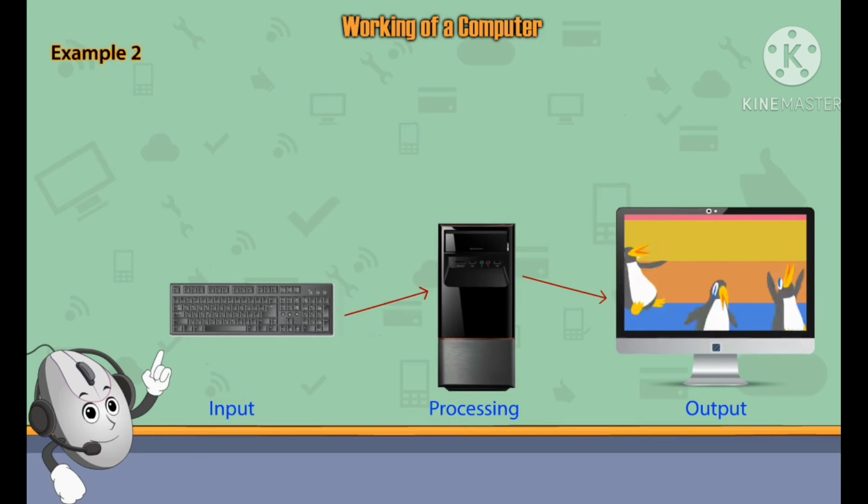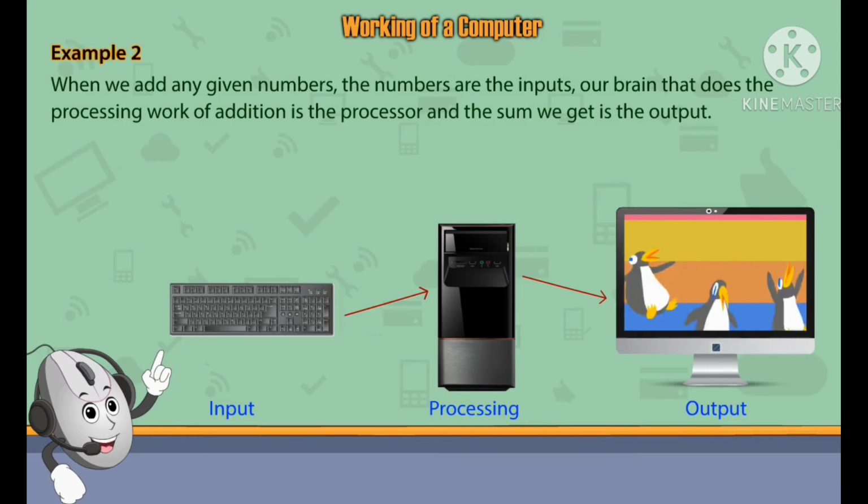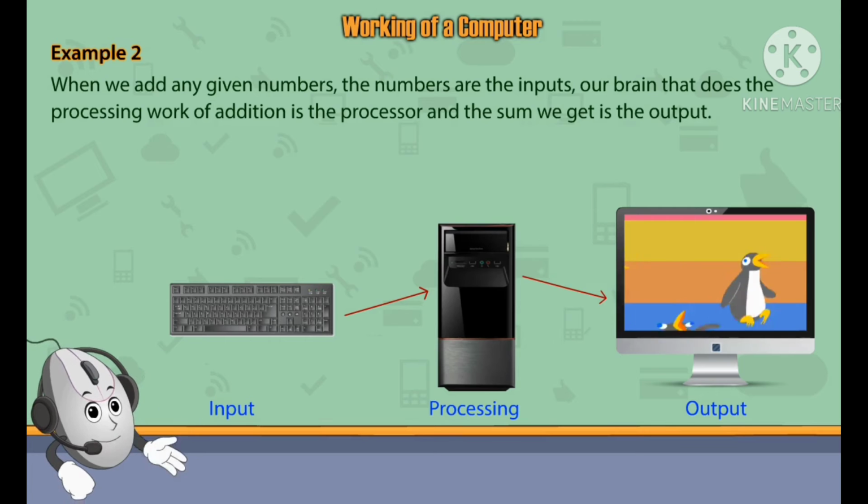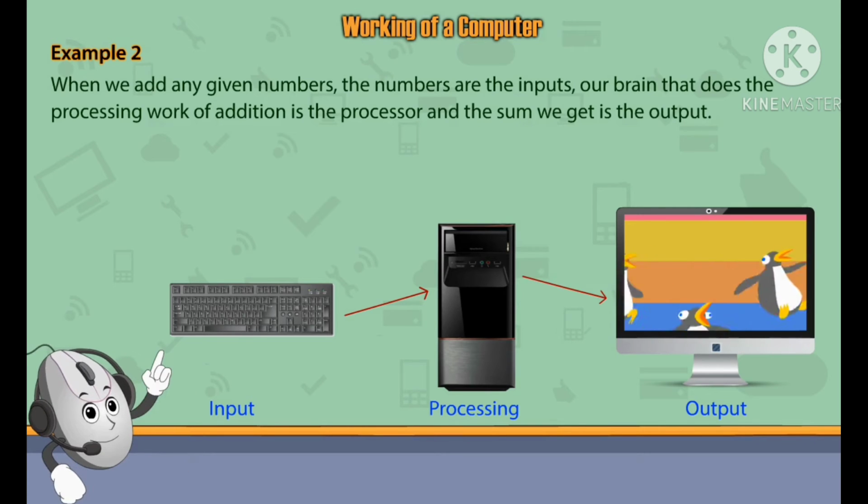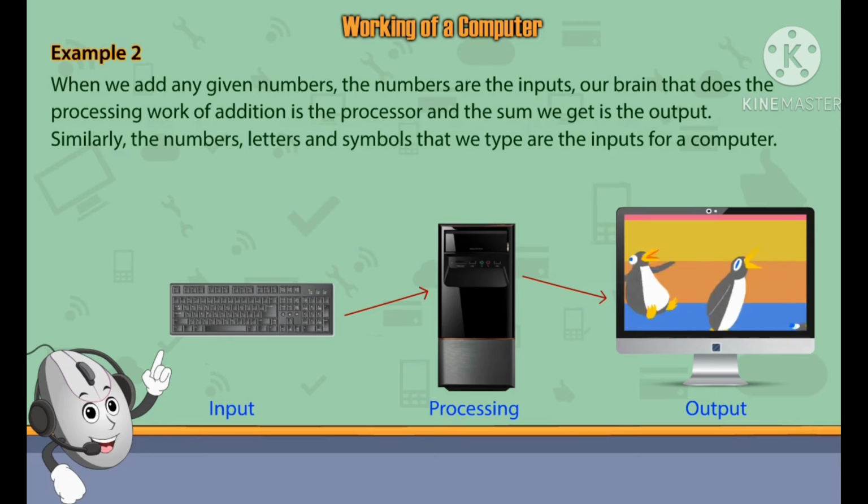Example 2. When we add any given numbers, the numbers are the inputs. Our brain, which does the processing work of addition, is the processor, and the sum we get is the output. Similarly, the numbers, letters and symbols that we type are the inputs for a computer.